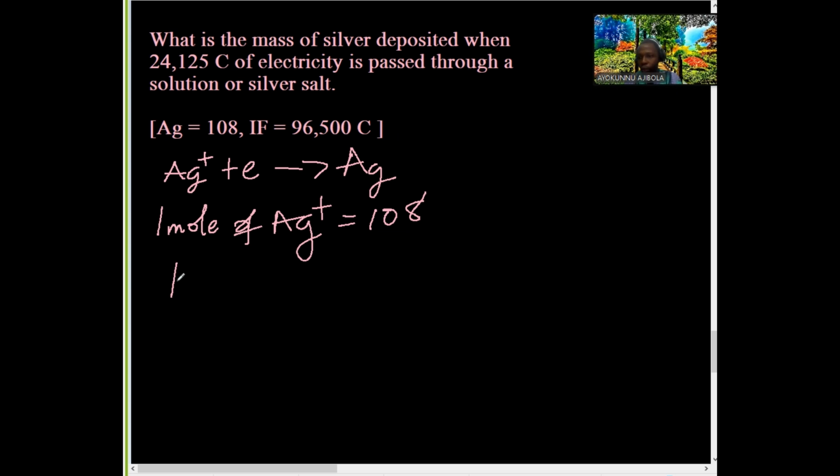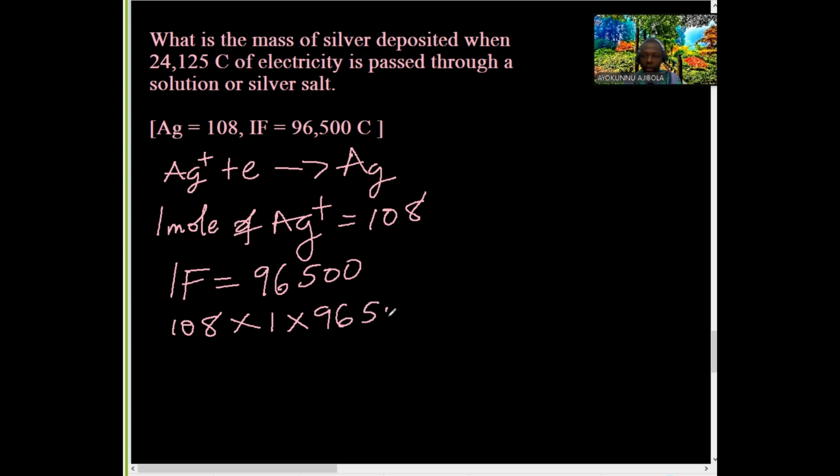So for one complete mole, the 1 farad given is 96,500, and what will be produced is 108 times 1 mole. So 108 grams corresponds to 96,500 coulombs.